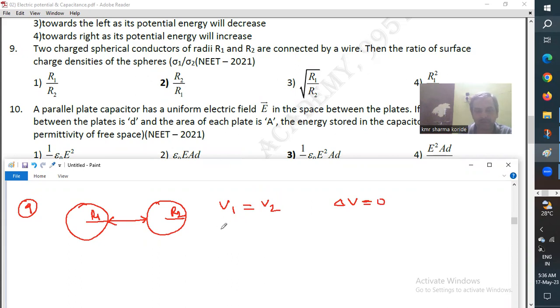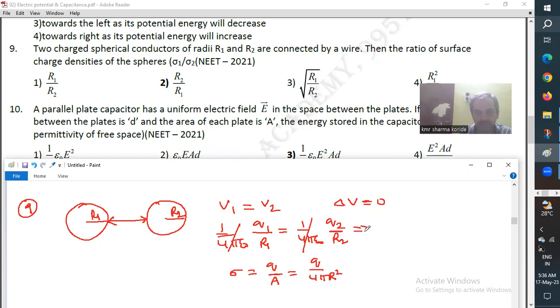Get back the potential due to a point charge: 1 by 4 pi epsilon naught Q1 by R1 is equal to 1 by 4 pi epsilon naught Q2 by R2. Charge is not the question; charge density is the question. Charge density is Q by A, and the area of the sphere is 4 pi R square.